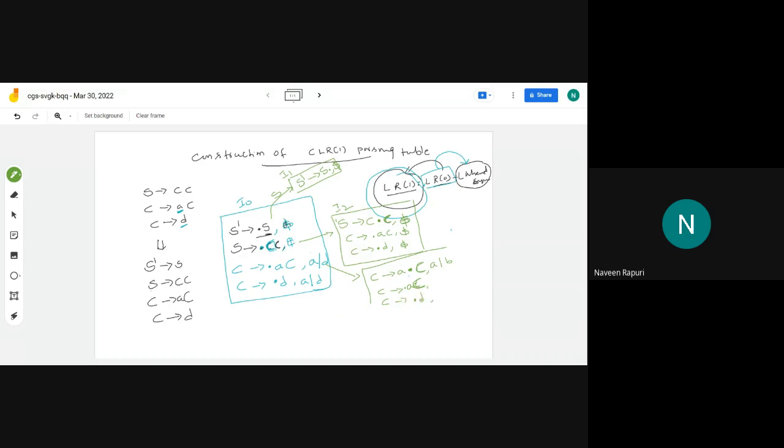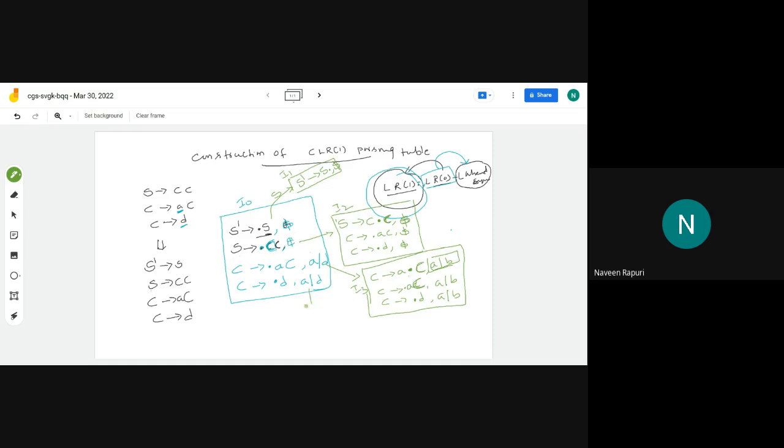We need to add the look ahead symbol for this. After C we are having a or b here. You can take a or sometimes you can take b. So the first of a or b means a or b, and here also a or b. So this is I3.